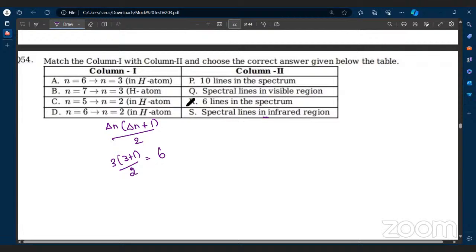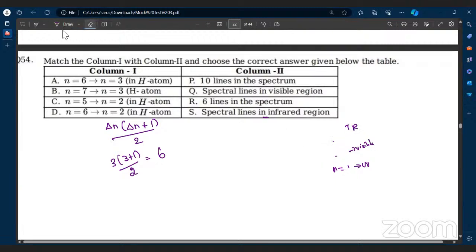So N equal to 1, N equal to 2, N equal to 3. N equal to 1 is UV, N equal to 2 is visible, and N equal to 3 will be for IR.